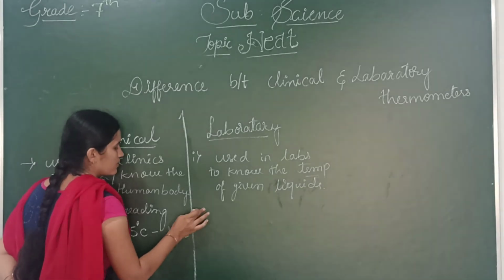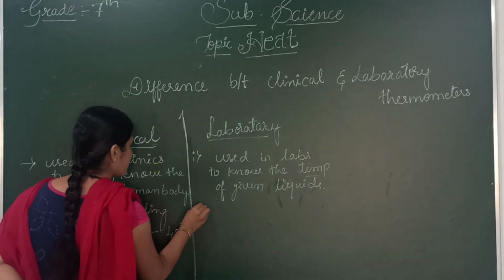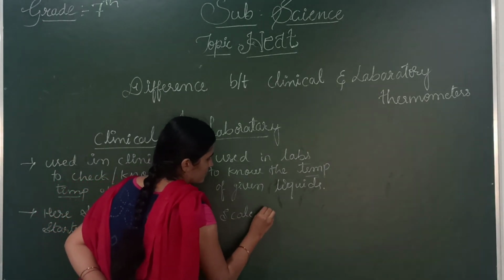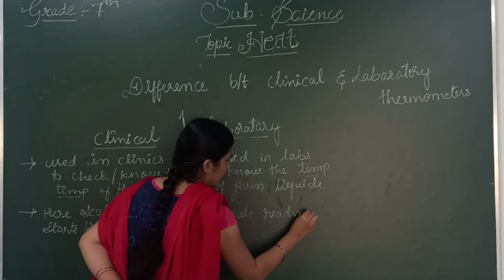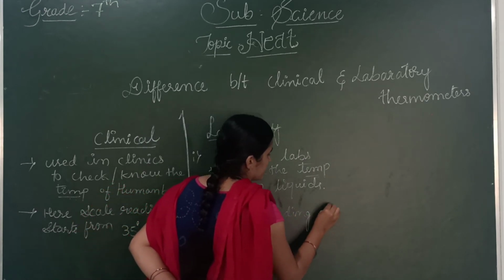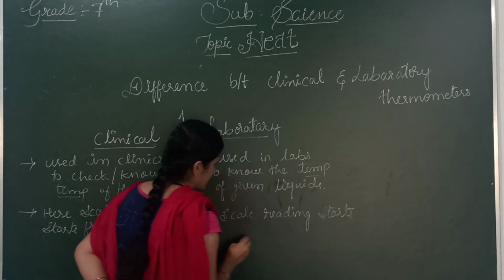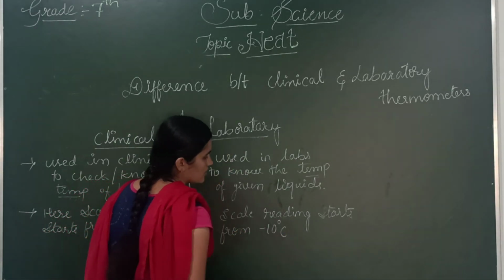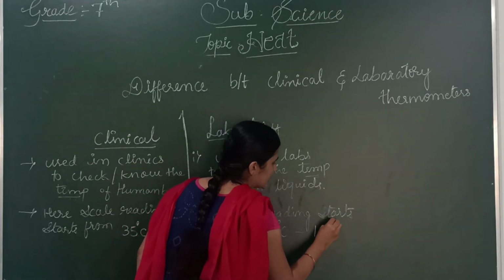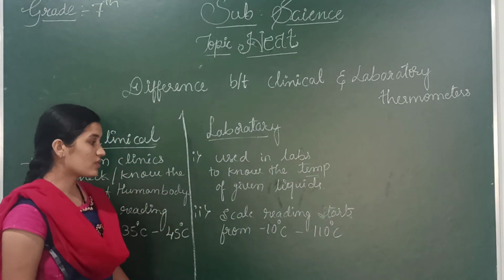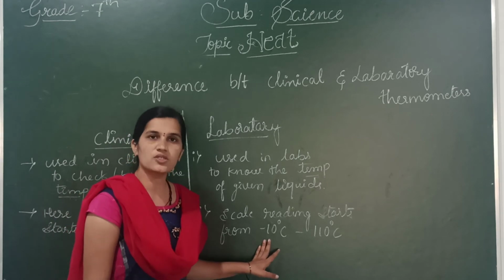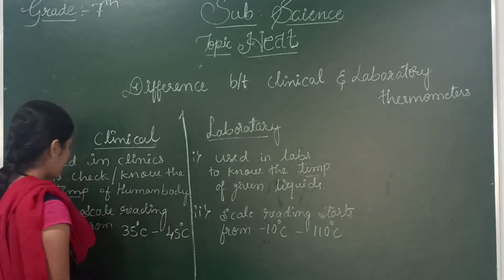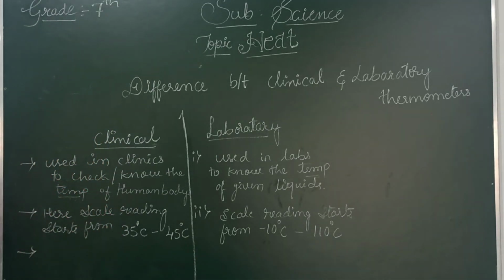And in the laboratory thermometer, the scale reading starts from minus 10 degrees Celsius to 110 degrees Celsius. Yes, my dear students, you can observe here it is minus 10 degrees. It means you can measure even the coldness of a given body. Okay. Next, third point.